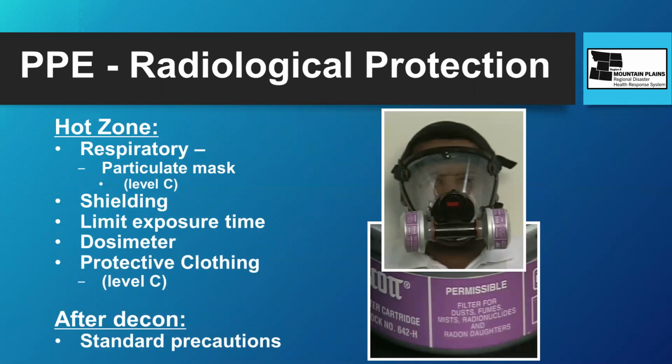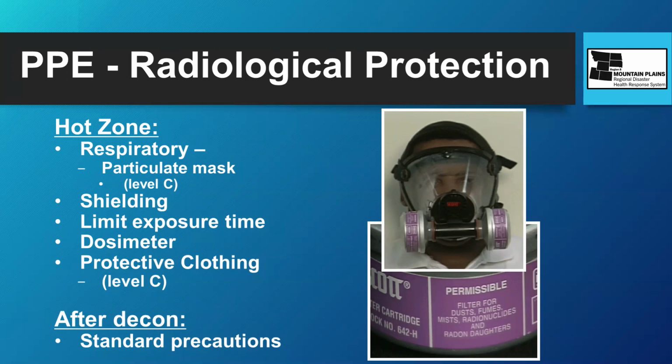Radiologic protection, if you are entering the hot zone, you want obviously respiratory protection to prevent from inhaling any radiologic particles. So that means at a minimum level C, and then limiting your exposure time if there's available shielding to shield the source and protect you, obviously use it.